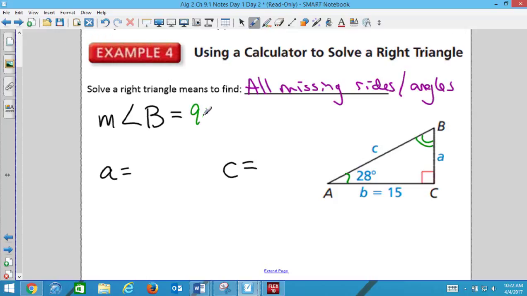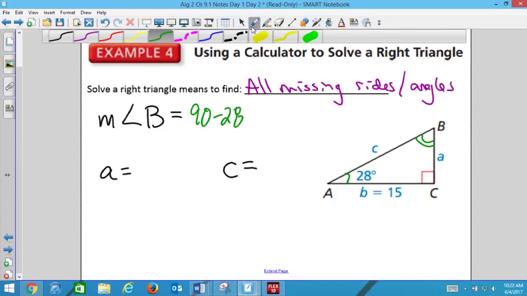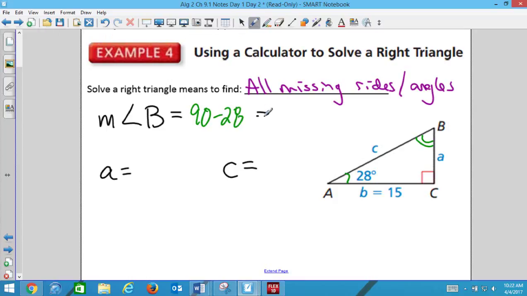So we're going to do 90 minus 28, and we get that the measure of angle B is 62 degrees. So that is a shortcut. That 90 minus 28 thing applies to what we're getting to in this chapter eventually. That 90 minus is pretty important.